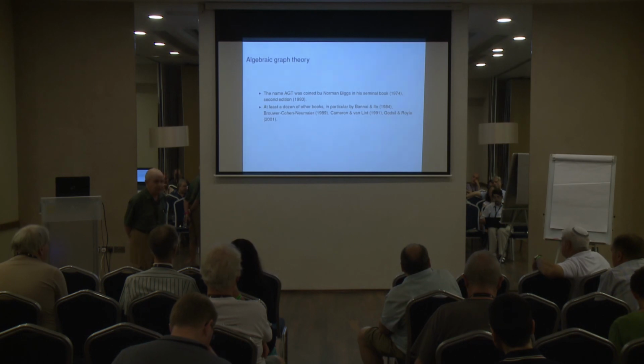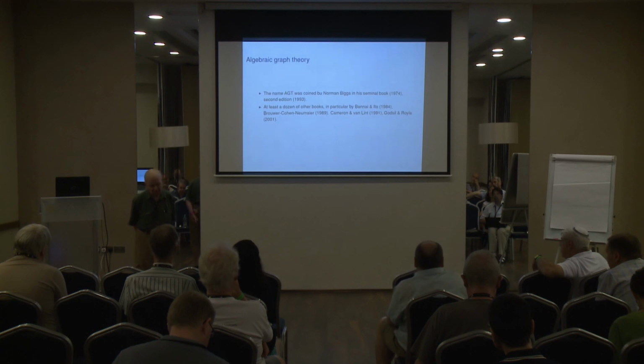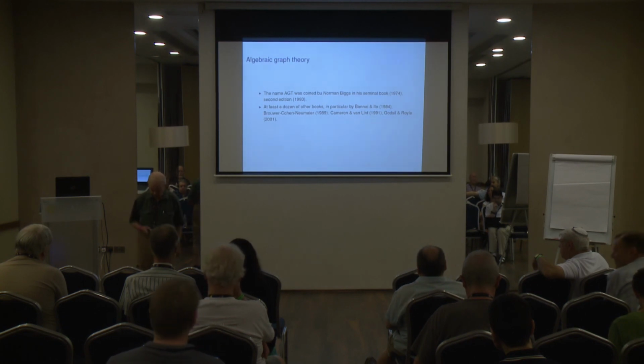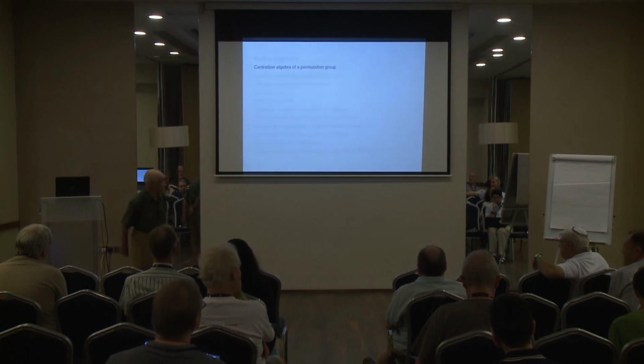The last book is by Chris Godsil, who is here at the conference, and there is a book which we call the Bible. The Bible is by Brouwer, Cohen and Neumaier. This is on distance-regular graphs, and still people who are working in this area, if they discover something nice and beautiful, first of all have to go to the Bible and be sure that this was not known to the people in the Bible. Only after that do they have a chance to think that something new really was not there.